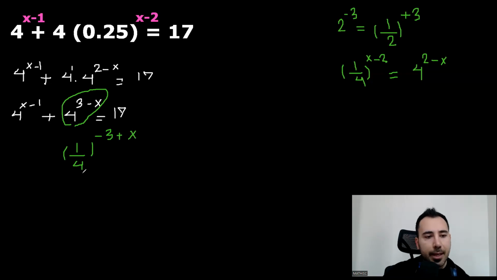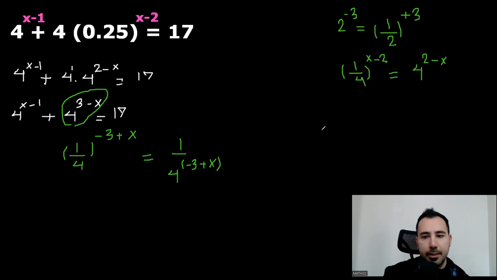And then this would also become 1 over 4 to the power of negative 3 plus x, right?